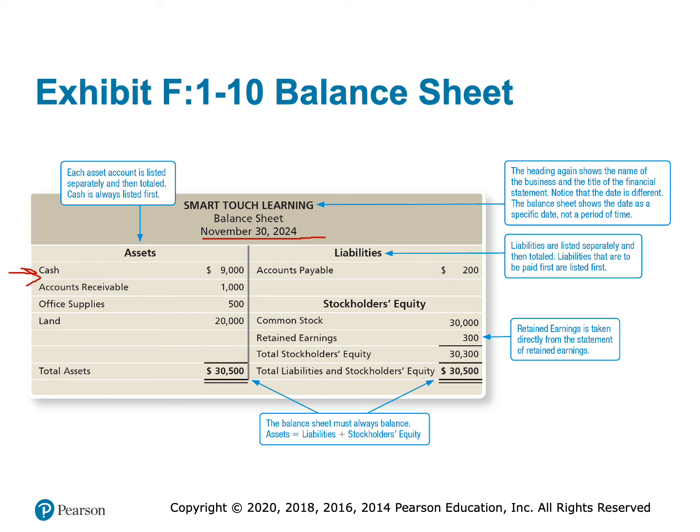This retained earnings number came directly off that statement of retained earnings that we just did on the last slide. So common stock plus retained earnings gives us our total stockholders' equity. Then we add that with our total liabilities. And so we get total liabilities and stockholders' equity of $30,500, total assets of $30,500.